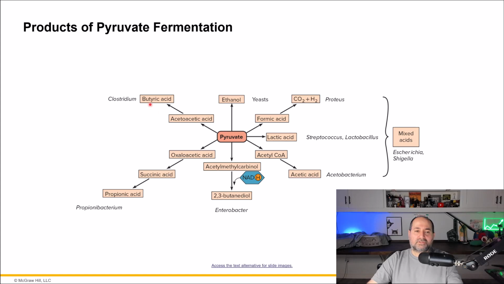Clostridium produces butyric acid. And again, yeasts produce ethanol. Isn't that neat? These are all known as fermentation products. So different organisms produce different fermentation products during the process of fermentation. Again, what do you and I produce during fermentation? Can you beat Wicket?